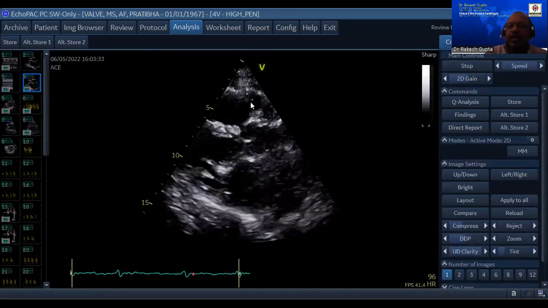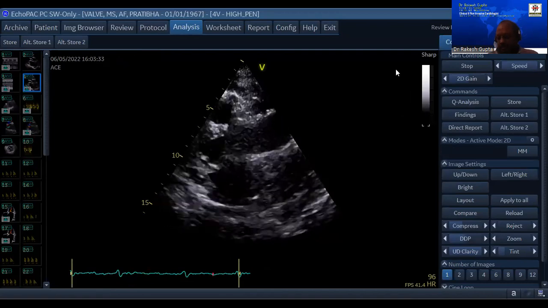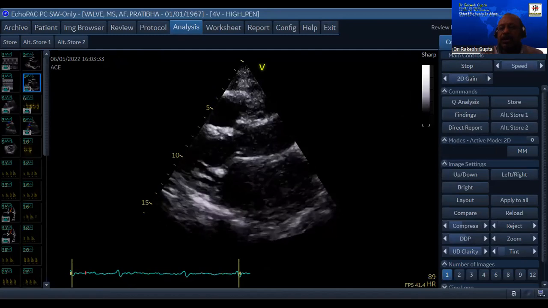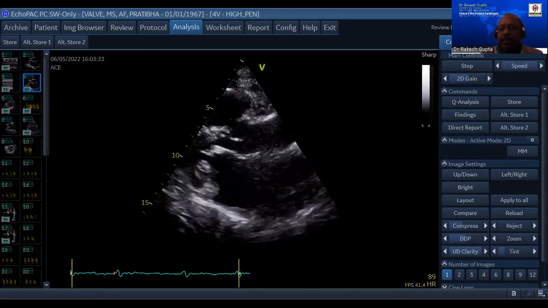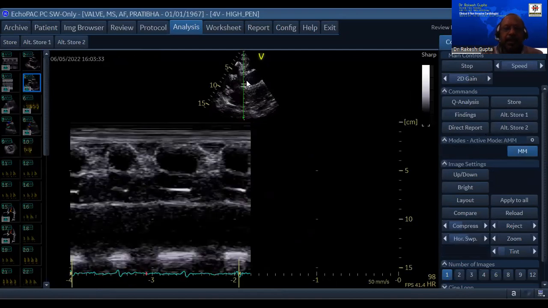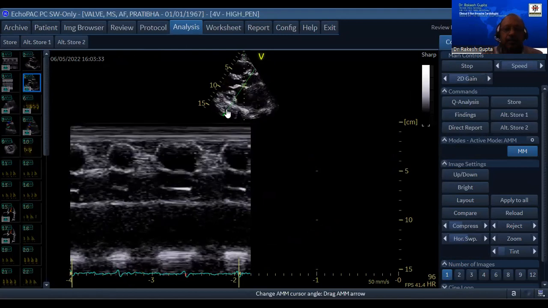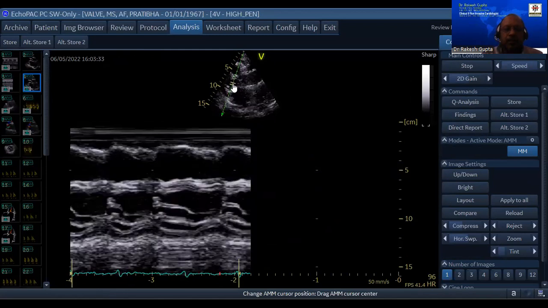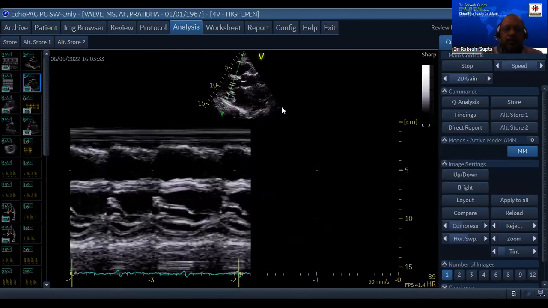Let's see what Dr. Utpat says, whether he's right or wrong. I'm going to take a caliper. First of all, I'll take an M mode. Take my M mode line. What Dr. Utpat says is correct to a large extent.